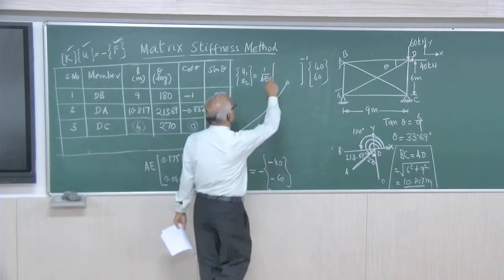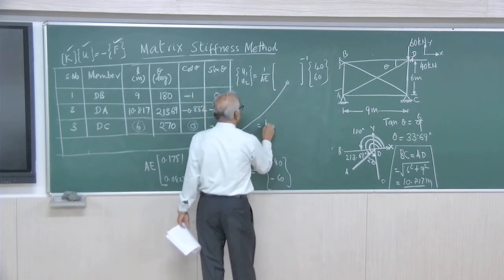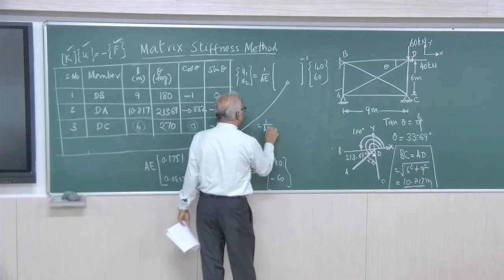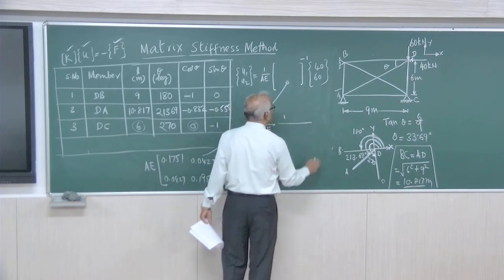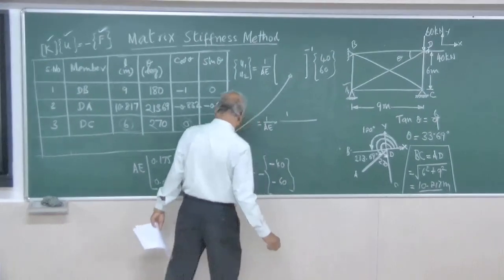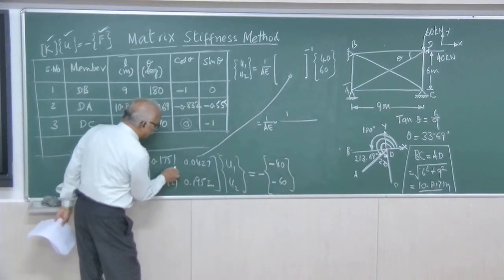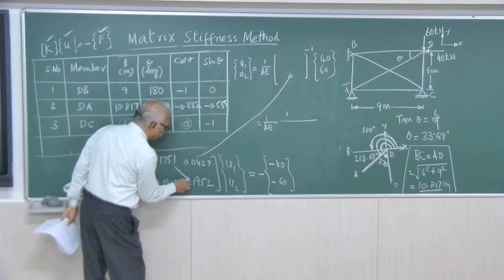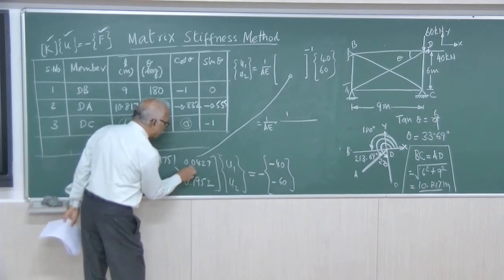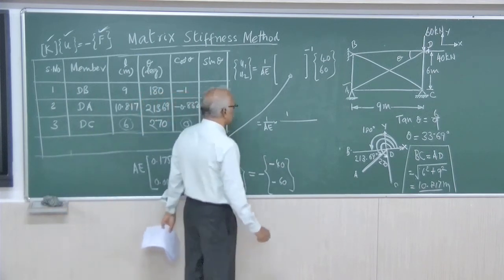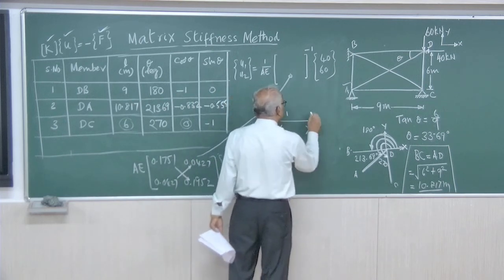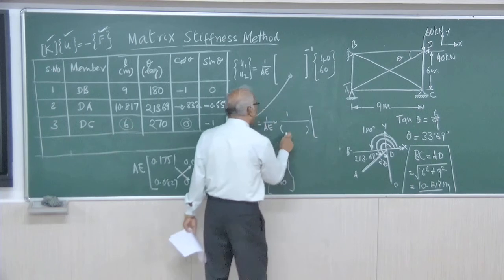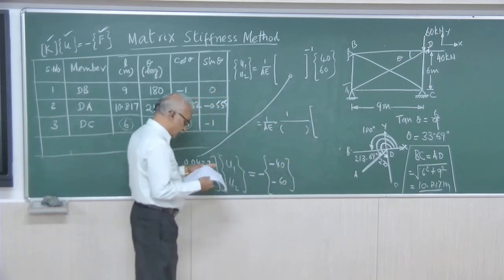Therefore, the inverse of this will be 1 by AE into 1 by determinant. Determinant is 0.1751 into 0.1952 minus 0.0427 into 0.0427. So that value will be written here. This is the determinant.